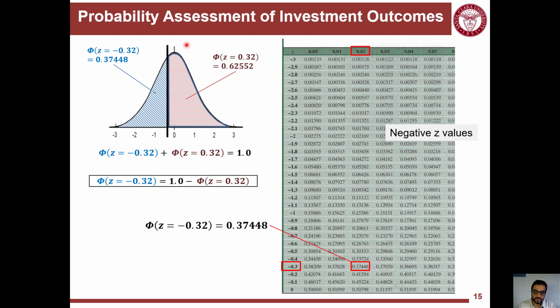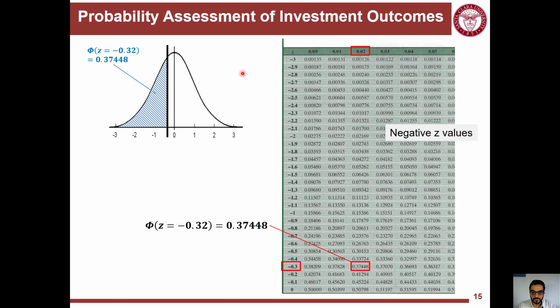That's because the tables give you the probability, or the area under the curve, to the left of your value. If this line here is negative 0.32, and I consider it positive, the area to the right of it when it's negative is the same as the area to the left of it when it's positive. This is why this one is equal to that value we just calculated on the previous slide.